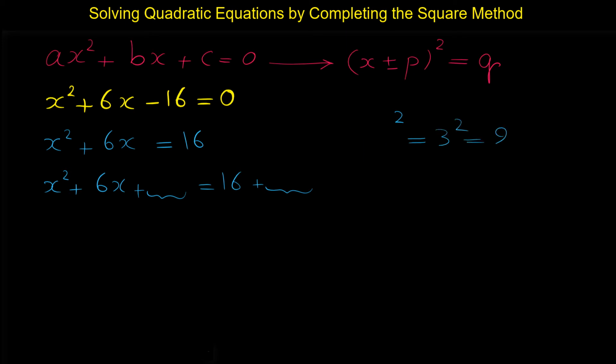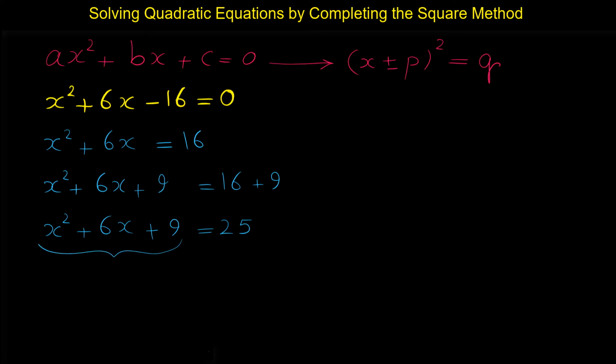So we have to add 9 to the left side and the right side of this equation. Note that 16 plus 9 is 25. So on the right side we have 25, and on the left side we have x squared plus 6x plus 9.